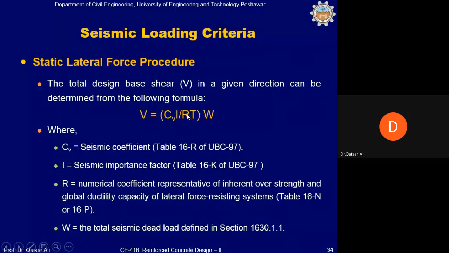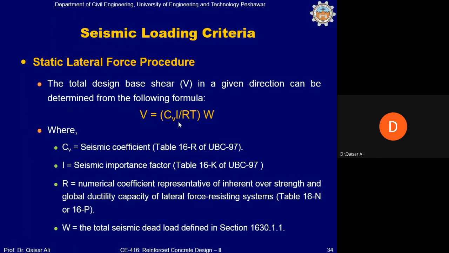R is a numerical coefficient ranging from 4.5 to 8.5. Basically, this is representative of the inherent overstrength and global ductility capacity of the lateral force resisting system. R is basically the structural property of the structure, not a property of the material. That is the global property of the structure.